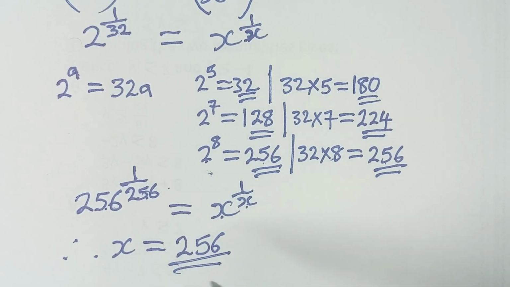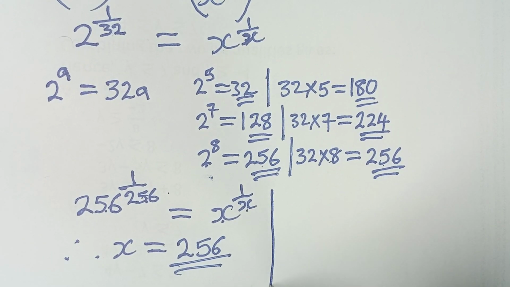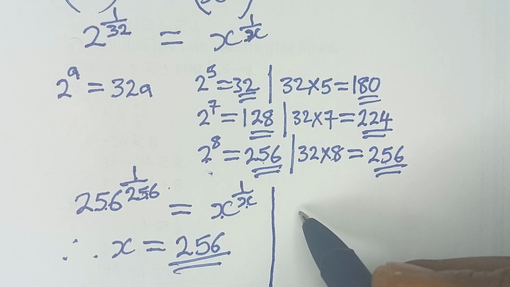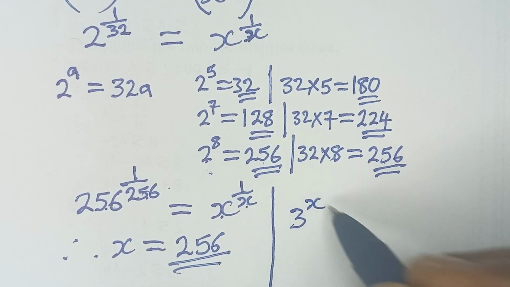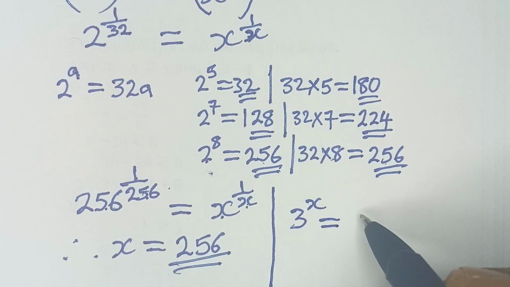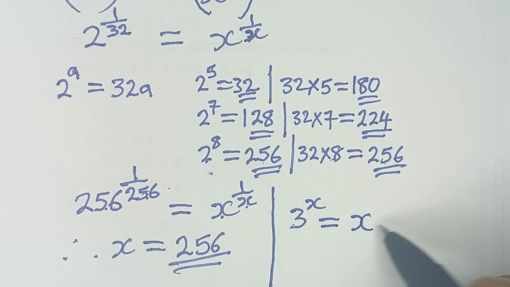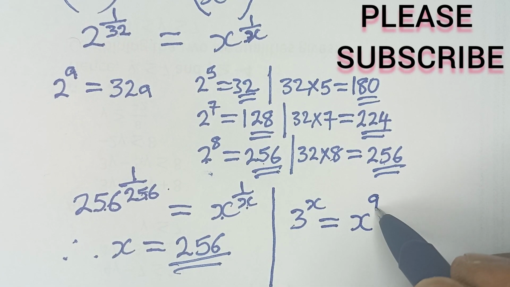So please take note of this and try it even differently with another kind of question. I would like you to try out this one. This one says 3 raised to the power x is equal to x raised to the power 9.